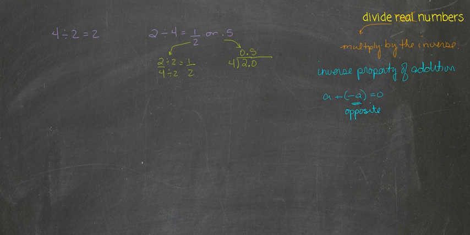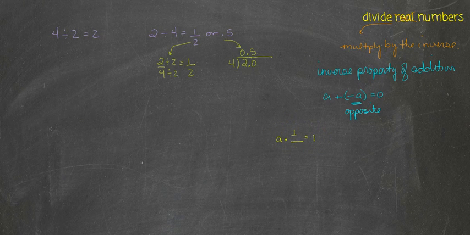Under multiplication, it's a little bit different, but let's look at what it would be. If I were to take some number A, and I want to multiply it by something so that I end up with not 0, but 1. Under multiplication, inverses give us the number 1. Well, obviously, what would I have to multiply A by to get a 1?